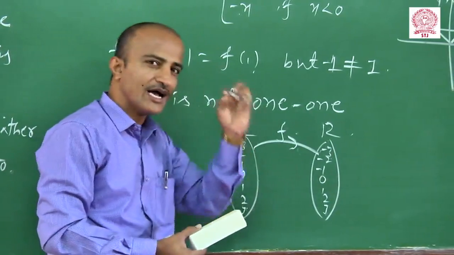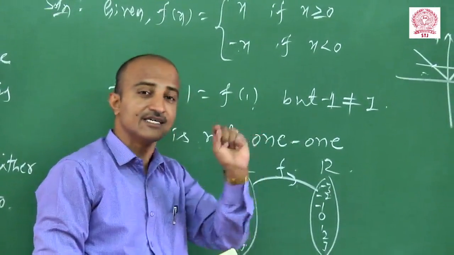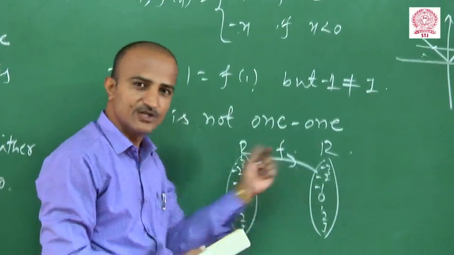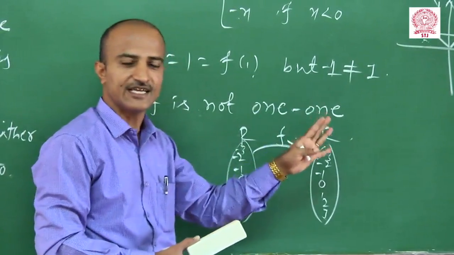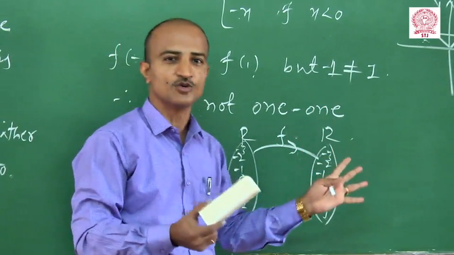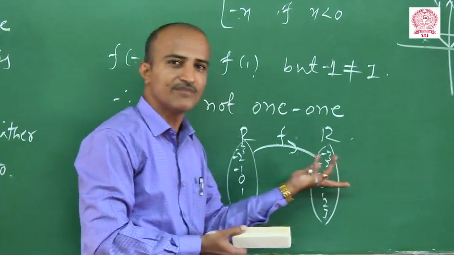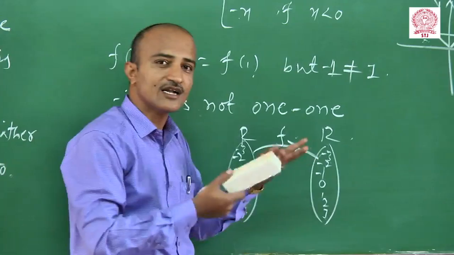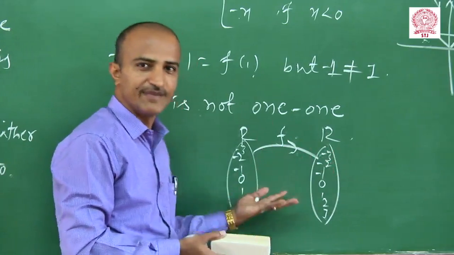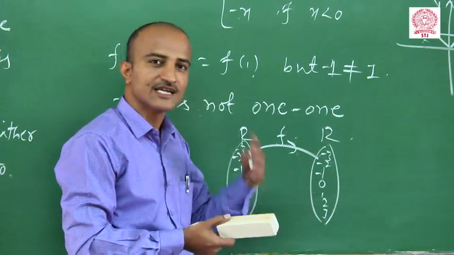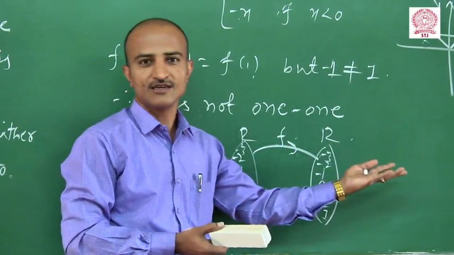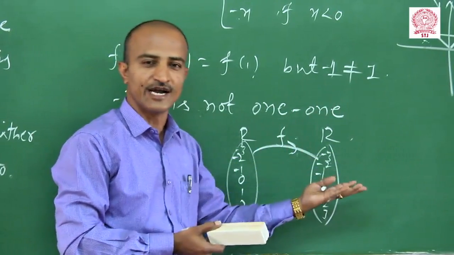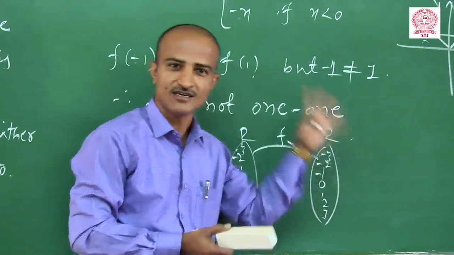If you show that at least one element doesn't have a pre-image in the domain, it is sufficient to say that the function is not onto. Here we have plenty of numbers which do not have any pre-images, which means the range is not equal to the codomain. When the range is not equal to the codomain, we say that the function is not onto.